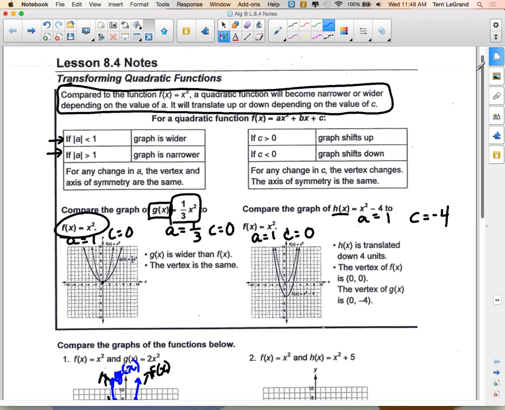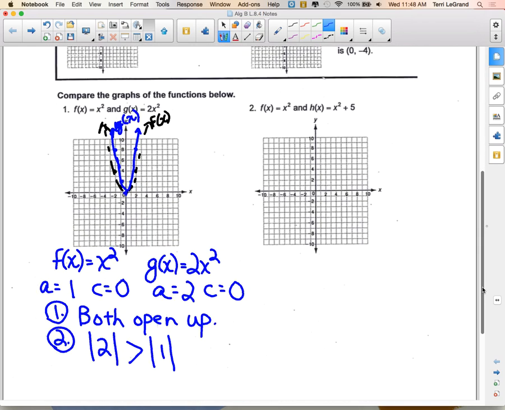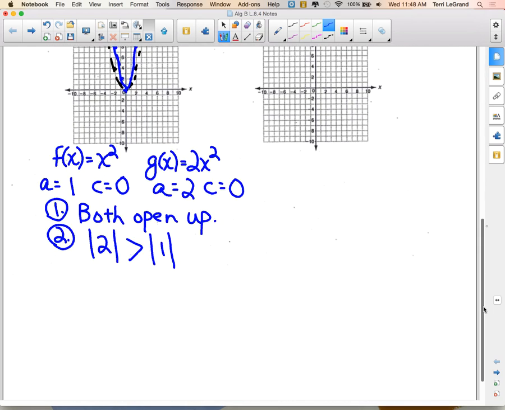So if the absolute value is less than 1, okay, so maybe what we should do instead is, I don't know. If the new one is wider than the old one, if the absolute value is greater than the absolute value of the other one, that means that g of x is narrower.